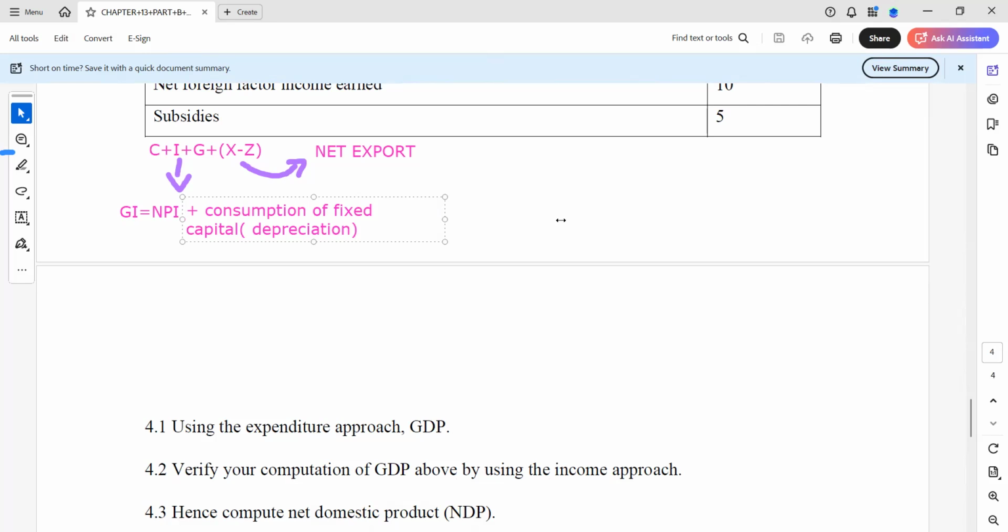So these two added together, they give you the gross investment, right? So this I here, when you're calculating the expenditure method, is supposed to be inclusive of the net private investment as well as the consumption of fixed capital. Consumption of fixed capital is basically just the purchase of fixed capital.